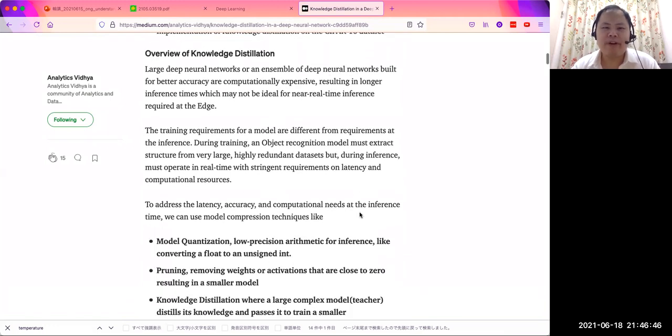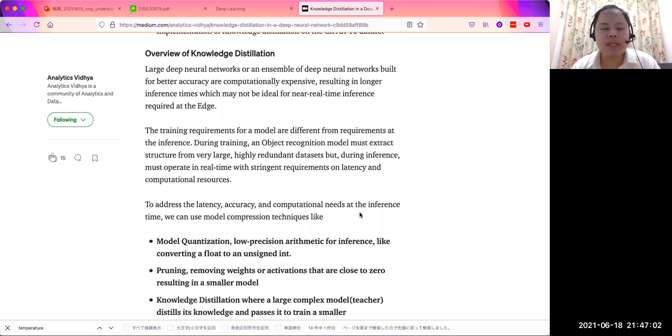Basically we have very big, very deep neural networks, and you want to put them into a smaller sized language model, which would work faster and which would work almost as well.